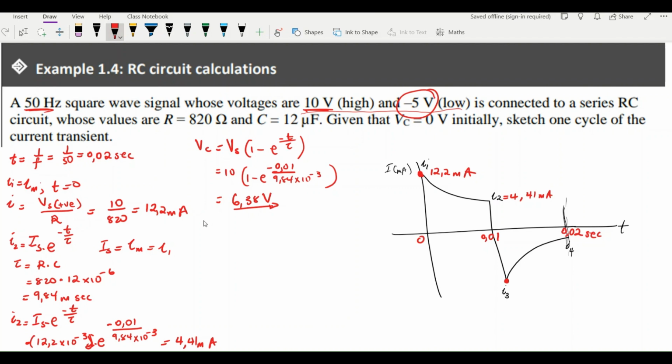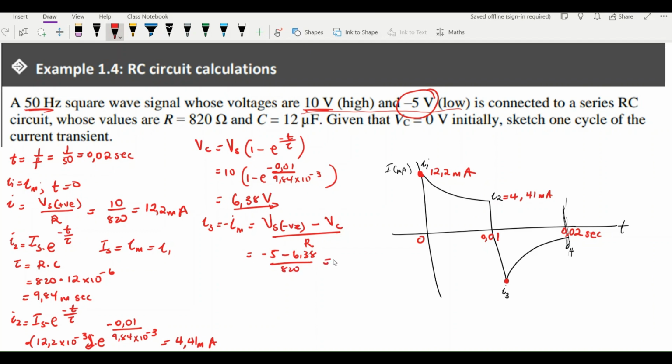Which means that our I3, or our negative Im, if I may put it this way, would be calculated as Vs negative minus Vc divided by R. Now Vs negative is minus 5 minus 6.38 divided by 820.